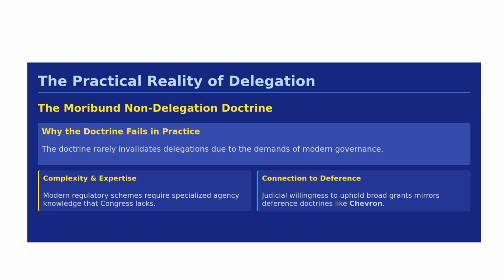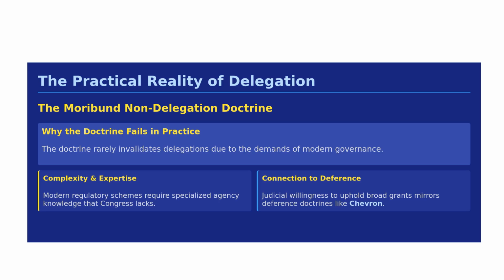The previous discussion established that the intelligible principle test is now interpreted very broadly. This brings us to the practical reality of delegation in the modern administrative state. Despite the theoretical existence of the non-delegation doctrine, it has become largely moribund in practice. Why?